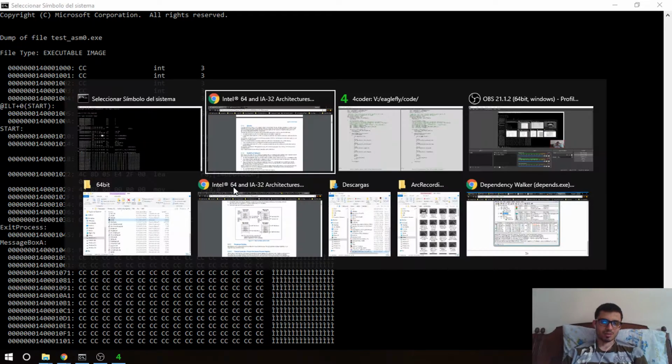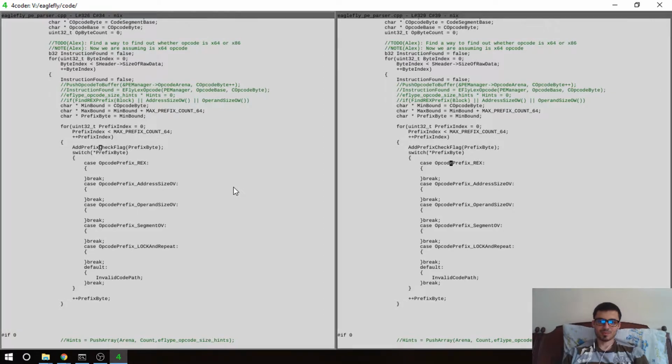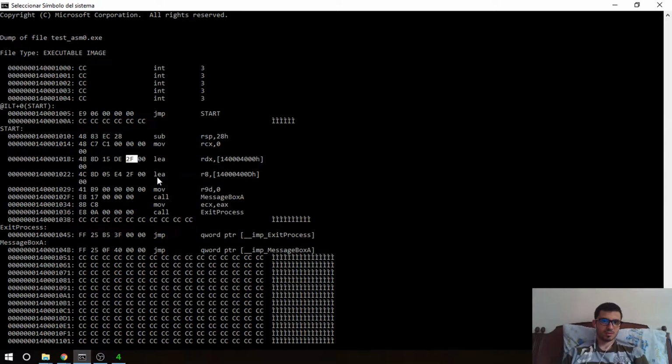Oh, did we compile with both of them? No, yet they are different addresses. This one address and this is a different register.